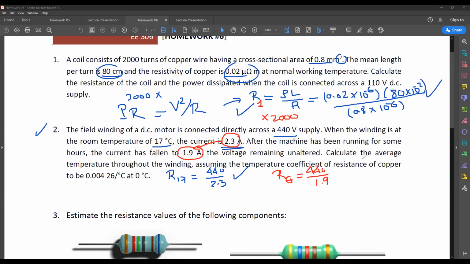What he needs you to compute is the temperature throughout the winding, assuming that the temperature coefficient of resistance of copper is this value right there. So again, we're going to do exactly like we did before.